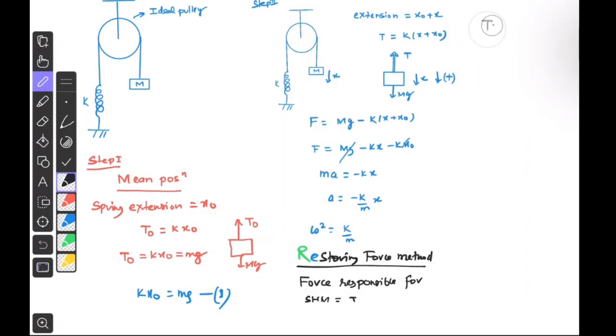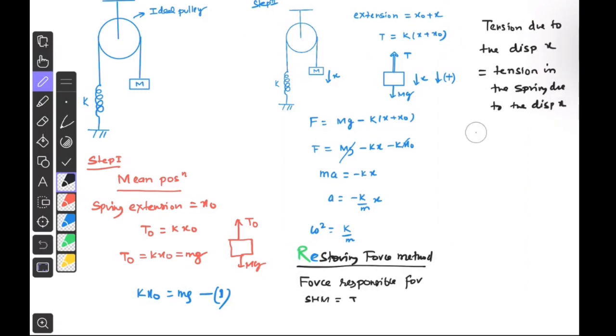So the tension due to the displacement will be equal to the tension in the spring due to the displacement x, no?